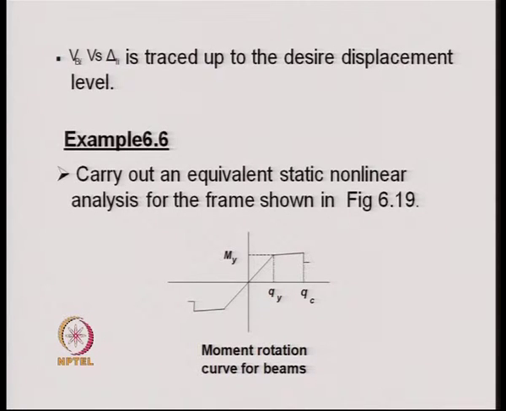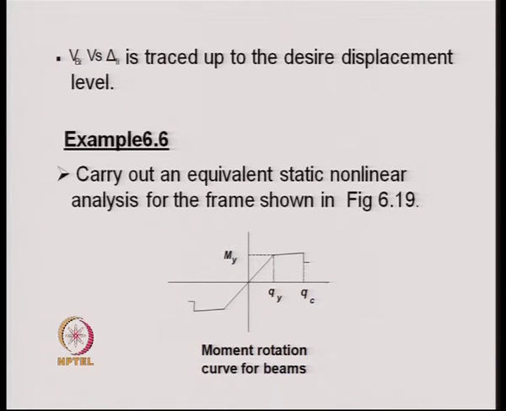The V versus delta 1 curve is traced up to the desired displacement level or the collapse state. Now, let me explain the kind of iterations that are involved during this calculation procedure.